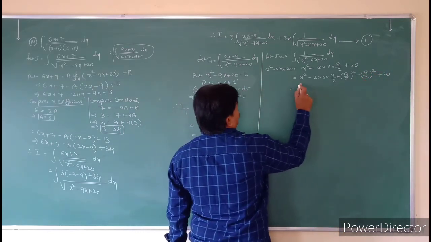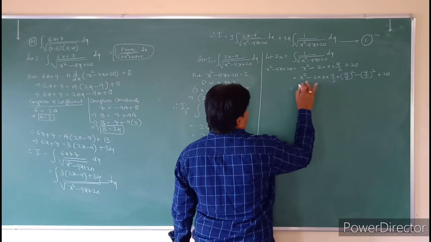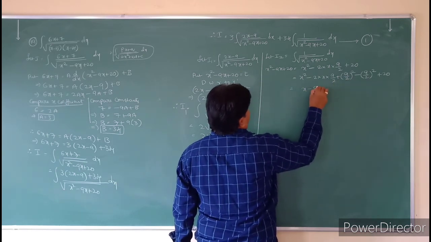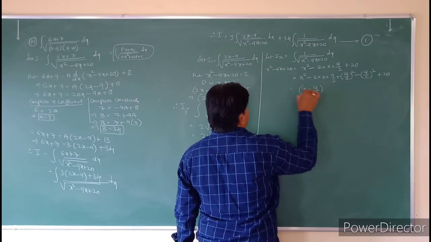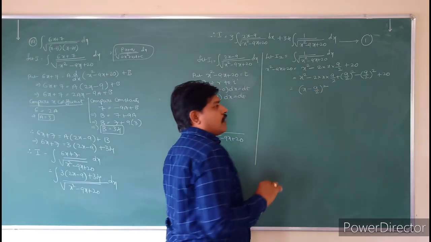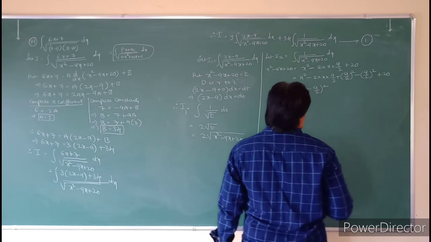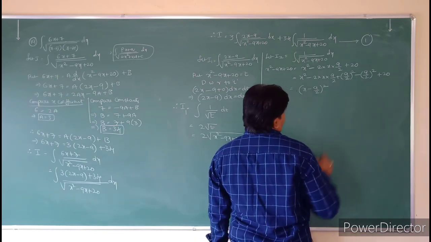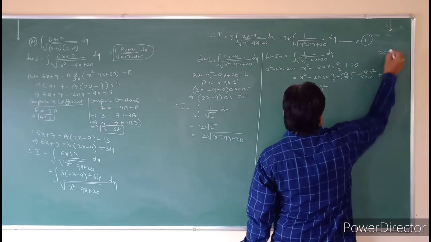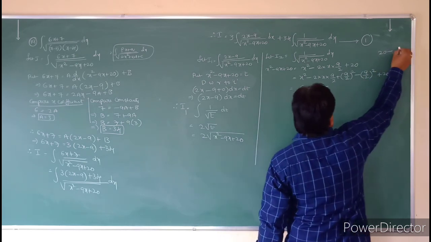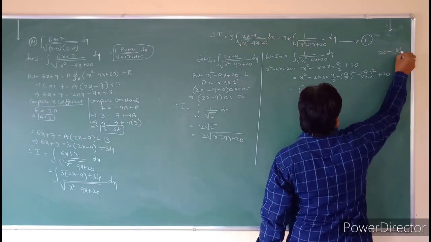plus 20. So the first three terms will become the a minus b whole square formula, x minus 9 by 2 whole square, and what is this remaining value? This is nothing but 20 minus 81 by 4.